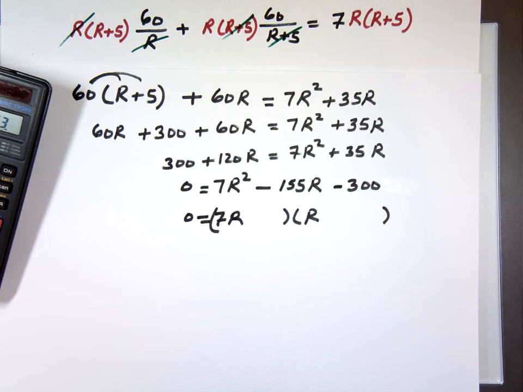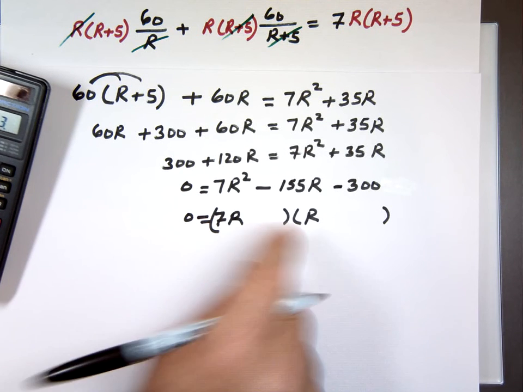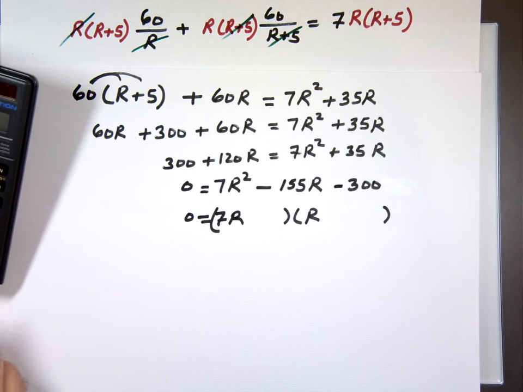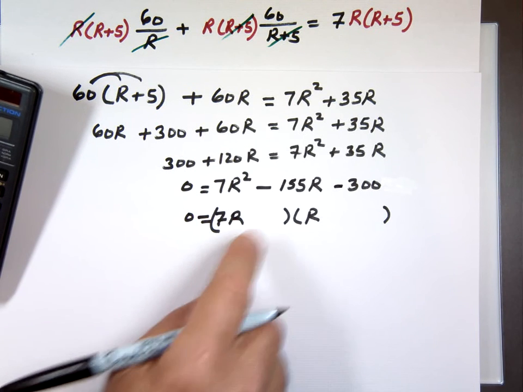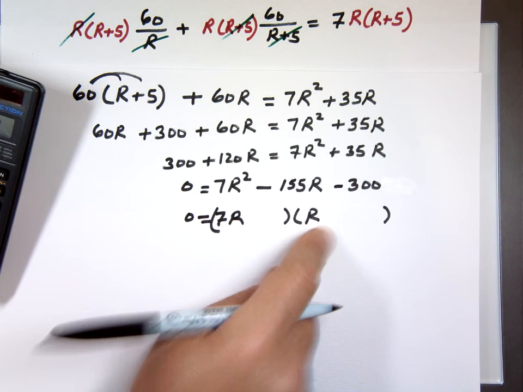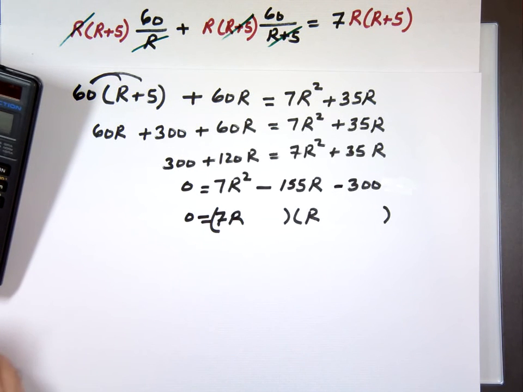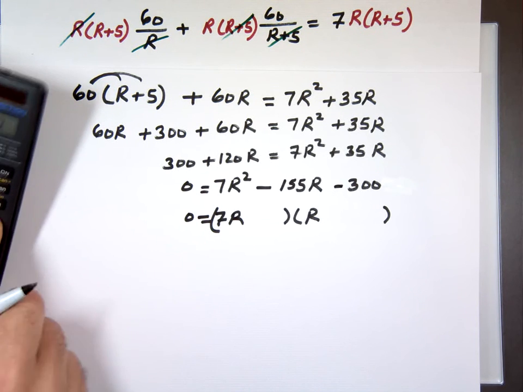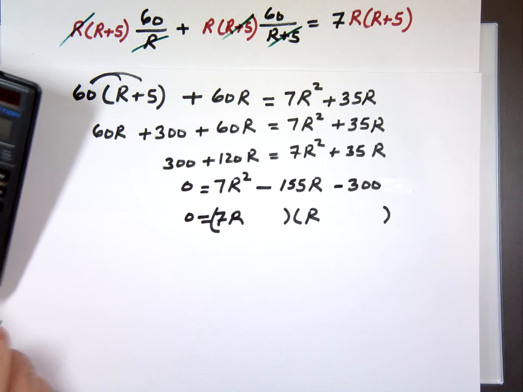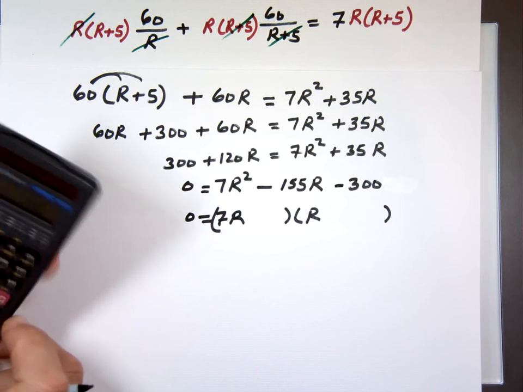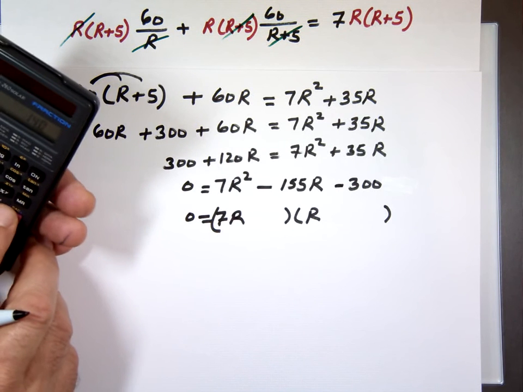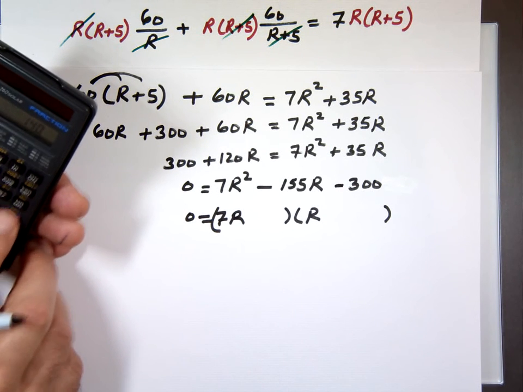20 times 7. 20 times 7 is what? 140? No, that doesn't work out. 20 times, what, 30?